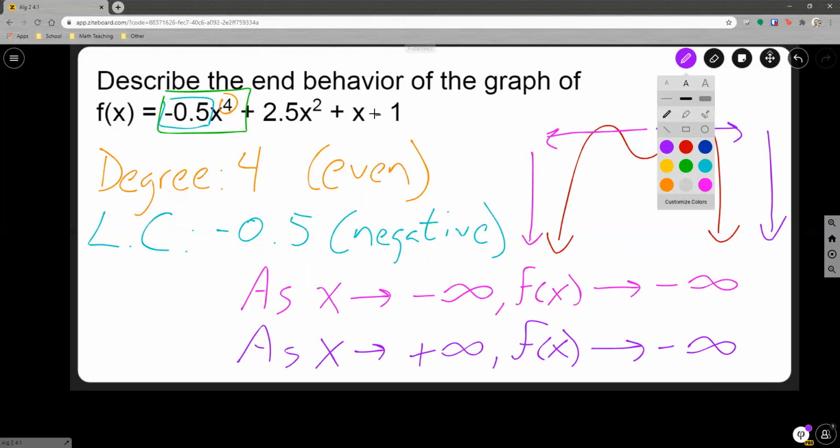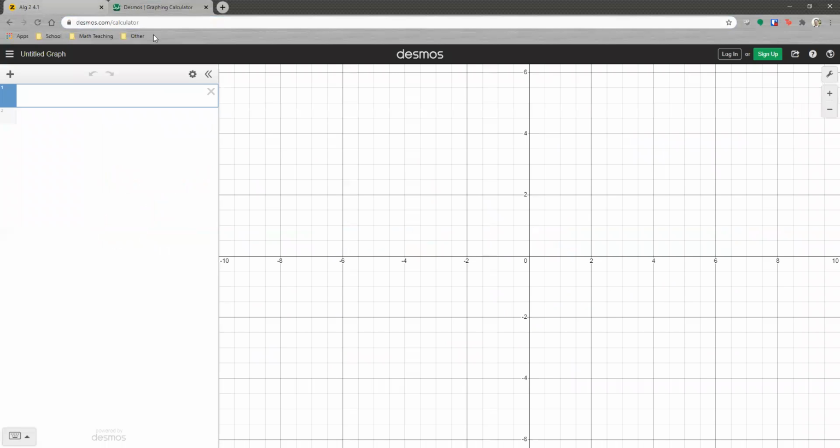That's all we're saying. That's all we're predicting. We don't necessarily know what's going on in this middle area. The little bumps are just a generalized graphic, and they can be wildly different depending on the equation, which we'll graph using Desmos really quickly right now. So let me pull this up.